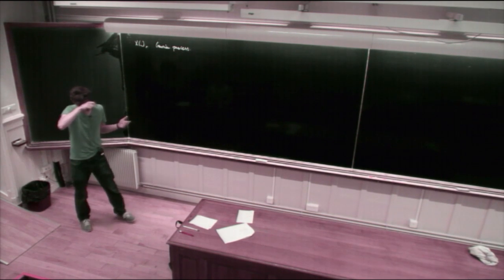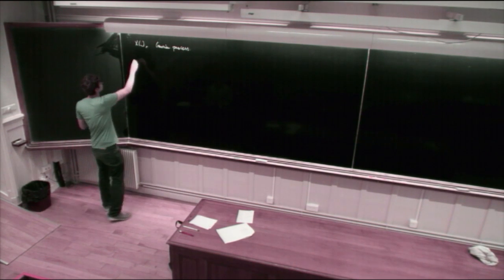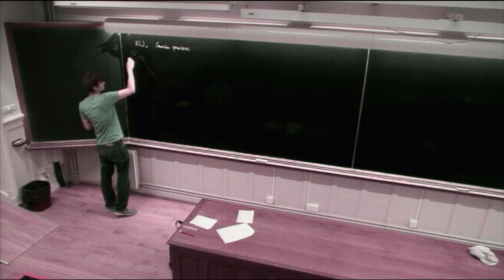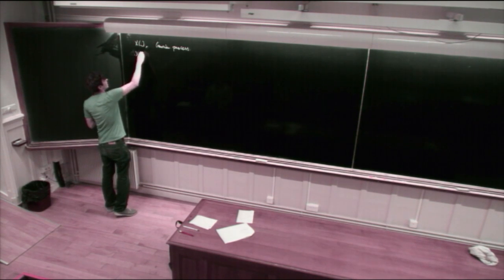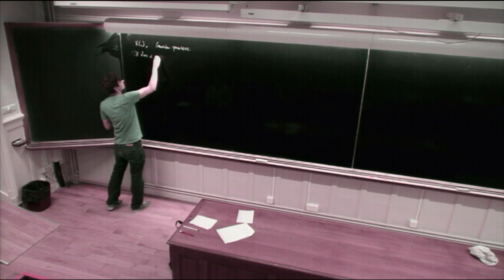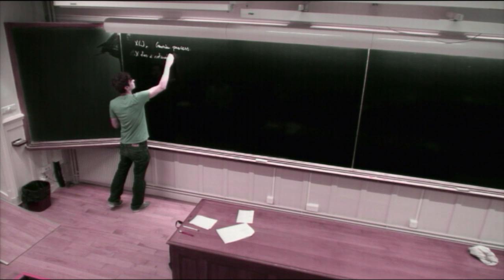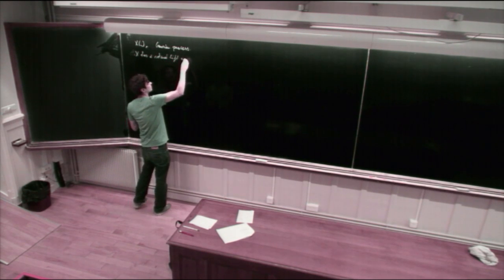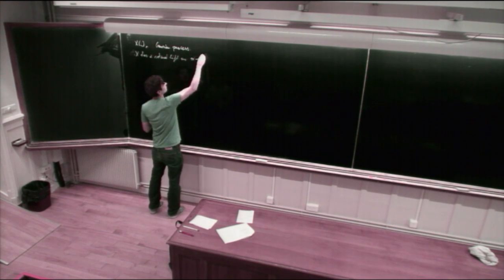And we deal with rough paths, so we assume that it lifts. Let's assume that X has a natural lift as an alpha rough path.